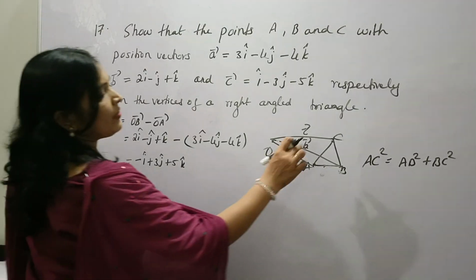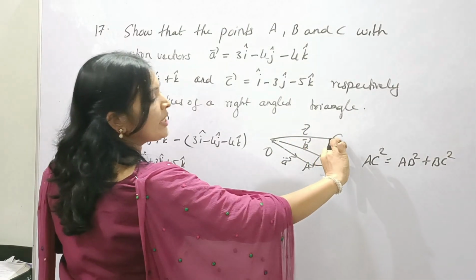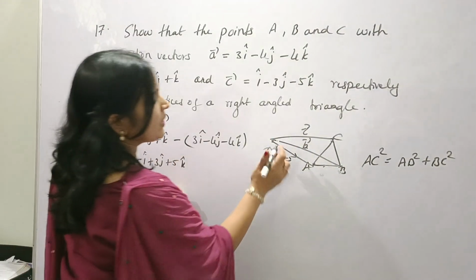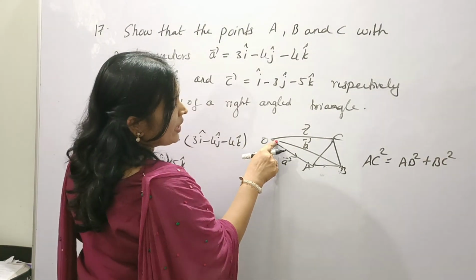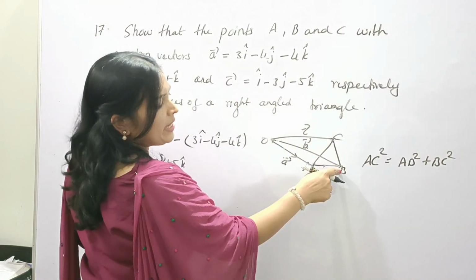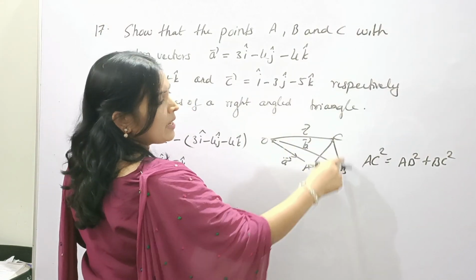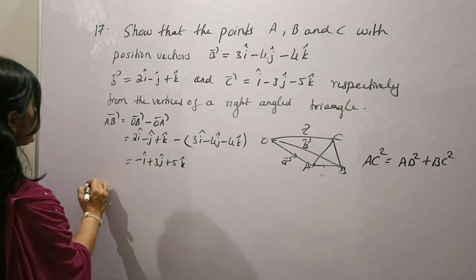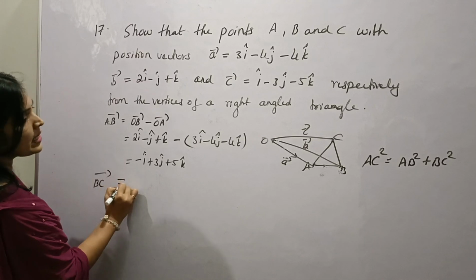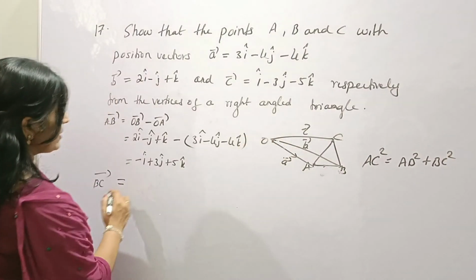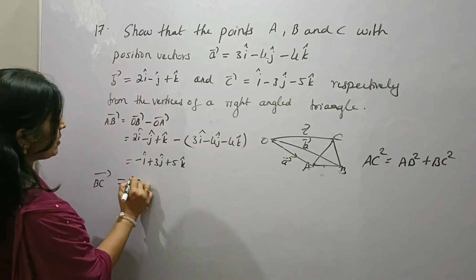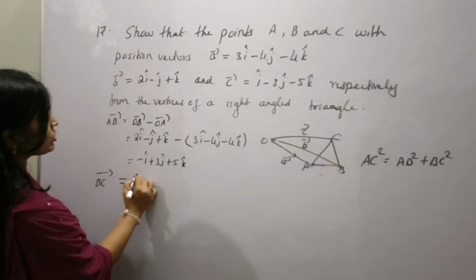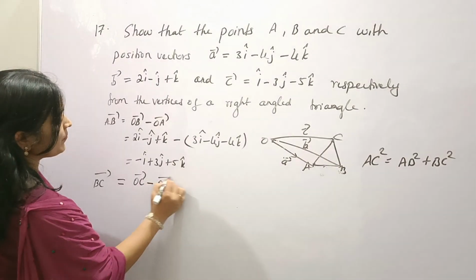After that, next we will find vector BC. See how to find vector BC? That is by the triangle law of vector addition. Here vector OB plus vector BC is equal to vector OC, right? So we can write vector BC is equal to vector OC minus vector OB, right?